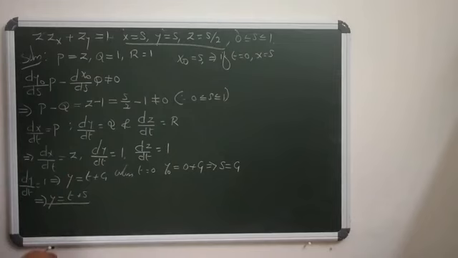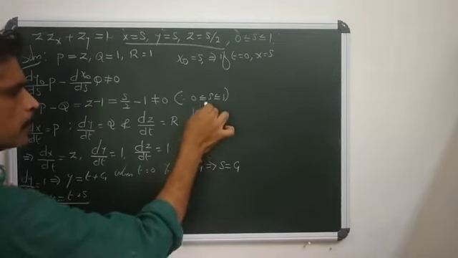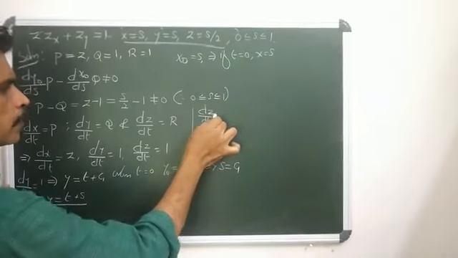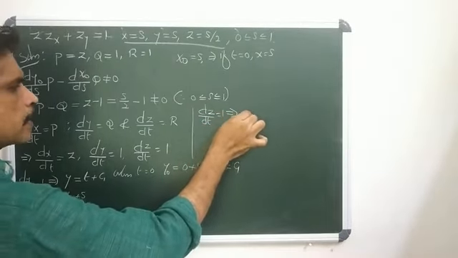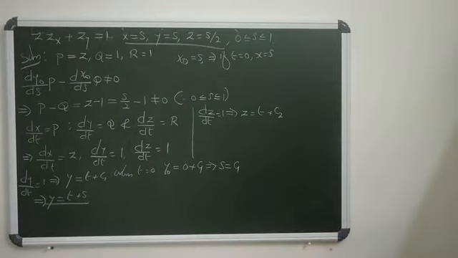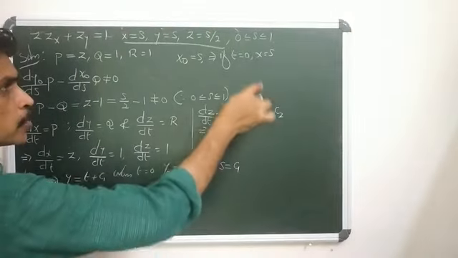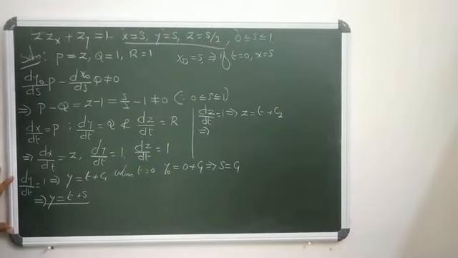Again, dz by dt is 1, so z equals t plus c2 on integration. Again, by the initial conditions, when t equals 0, what is z naught? That is s by 2.